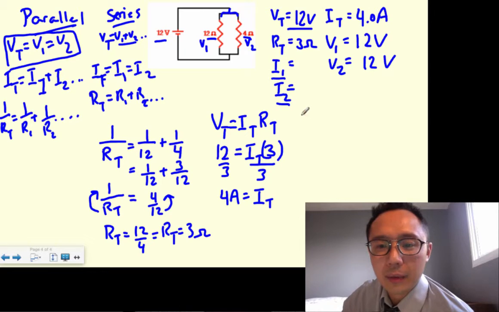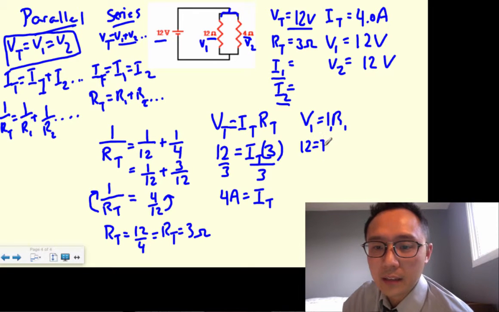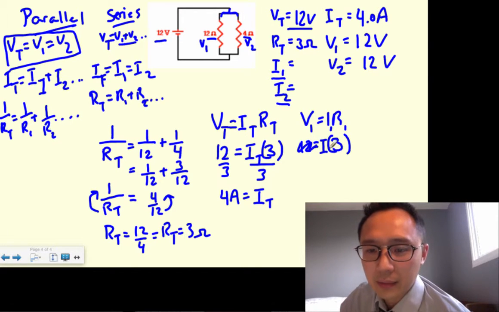So, I pressed the wrong button. V1 is equal to I R, and these are all for the first one. So voltage 1 is 12, I1 is what we're trying to find. So I'm just going to get I, and resistance is 3. No, never mind. Getting ahead of myself.